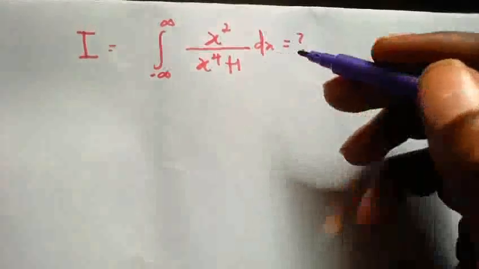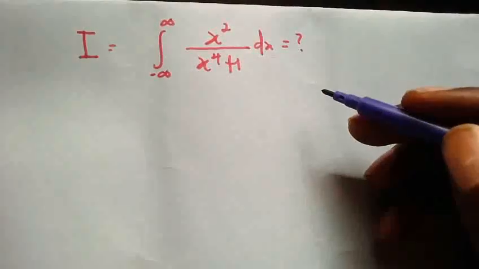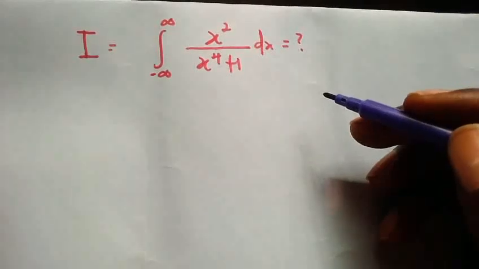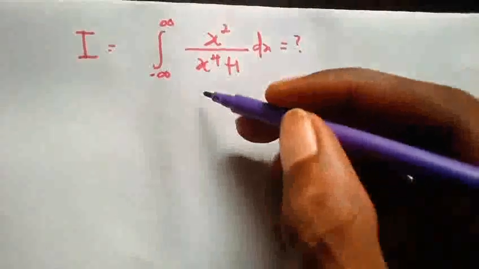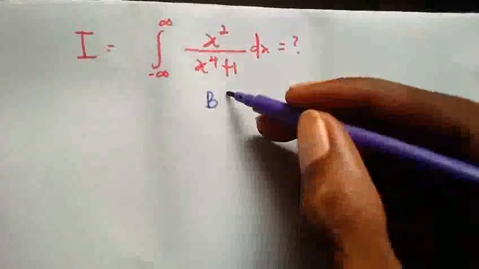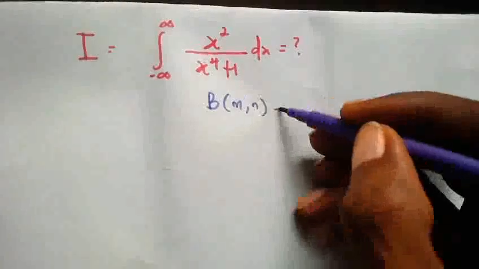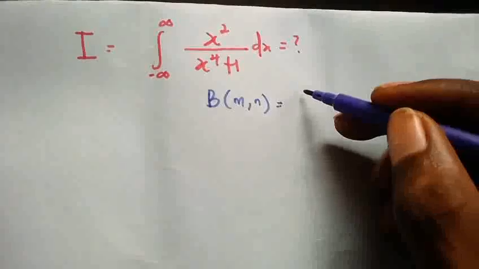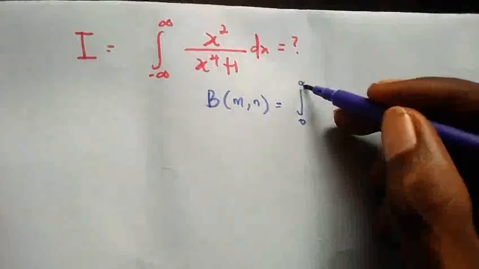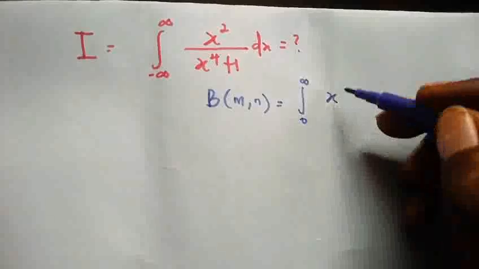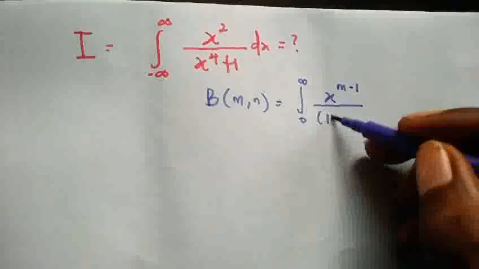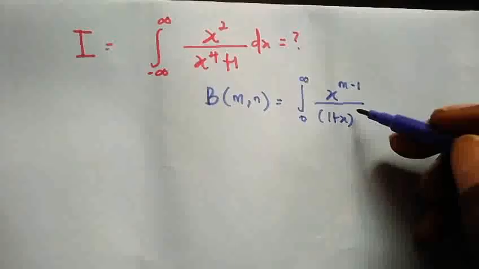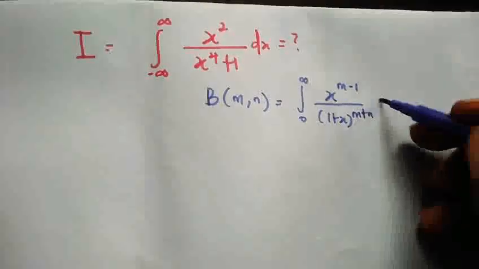Remember that previously we had a video on the introduction to the beta function and gamma function, and we all know the following property: beta of m, n has the integral representation, the integral from 0 to infinity of x raised to m minus 1 all over 1 plus x raised to m plus n dx.